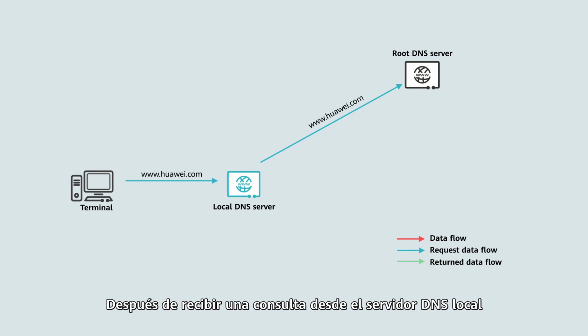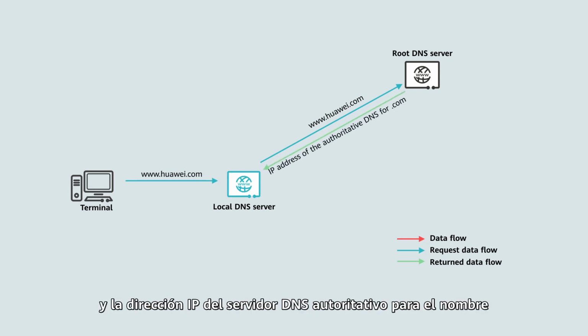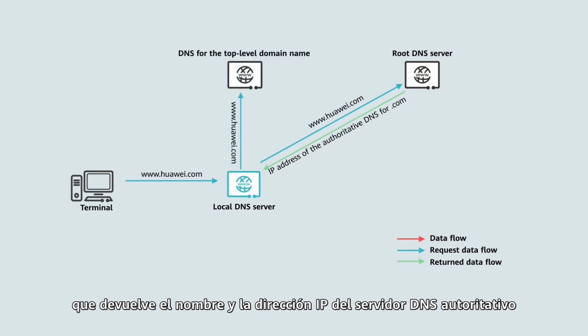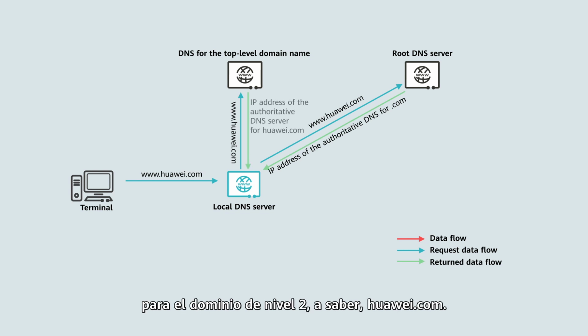After receiving a query from the local DNS server for the IP address of Huawei's official website, the root DNS server returns the name and IP address of the authoritative DNS server for the top-level domain, namely .com. The local DNS server then queries this authoritative DNS server, which returns the name and IP address of the authoritative DNS server for the level 2 domain, namely Huawei.com.